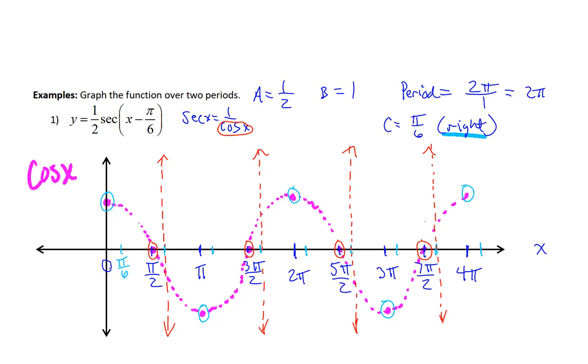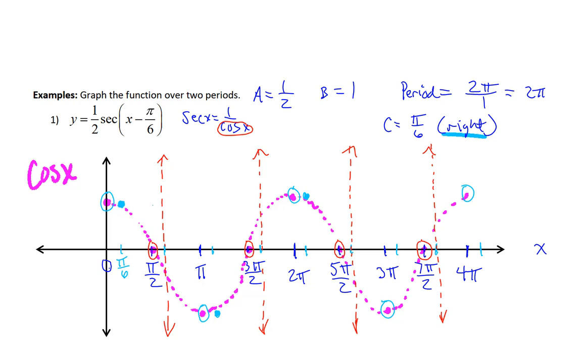Now, what we're also going to do is draw in our shifted max and min points in the same kind of way. If you think now we've circled them all, like high and low. We've circled those min and max points from the parent function cosine dashed graph on there. All we got to do is shift all those points to the right by pi over 6, which I'm going to do with some solid blue or light blue points, all shifted to the right of where those original points were drawn.